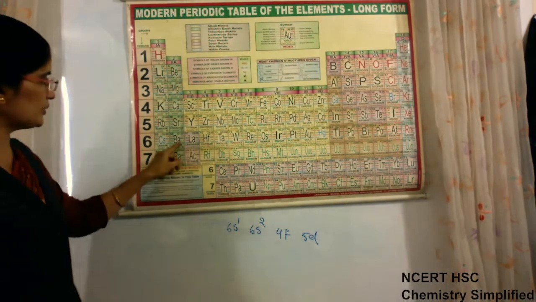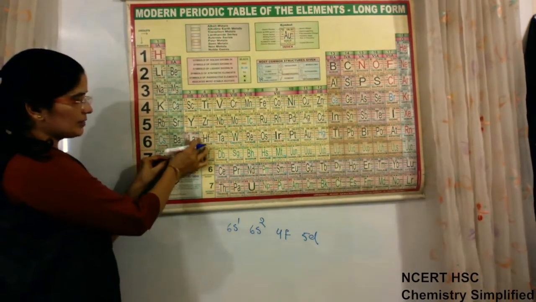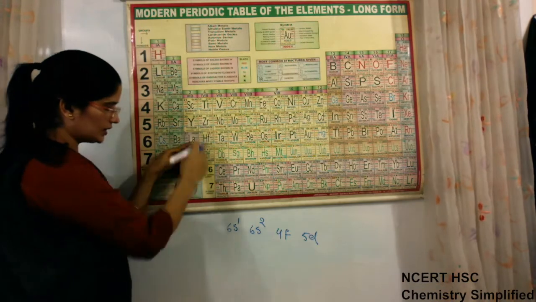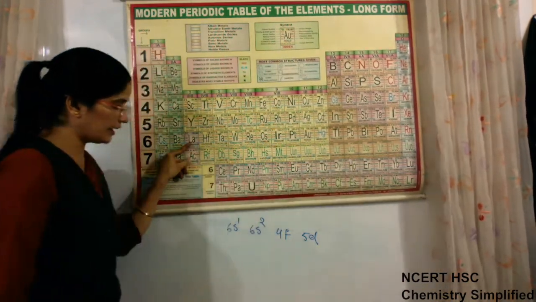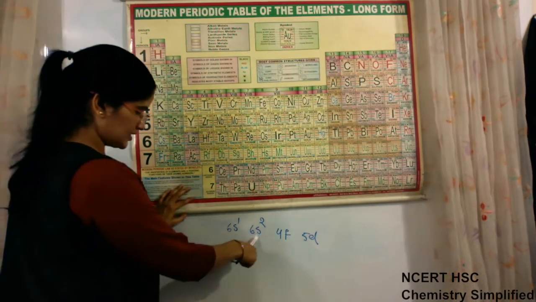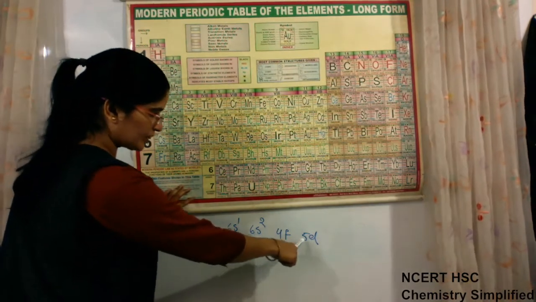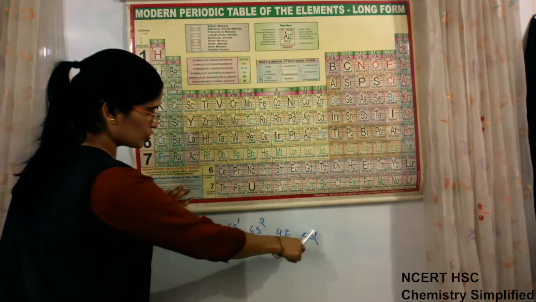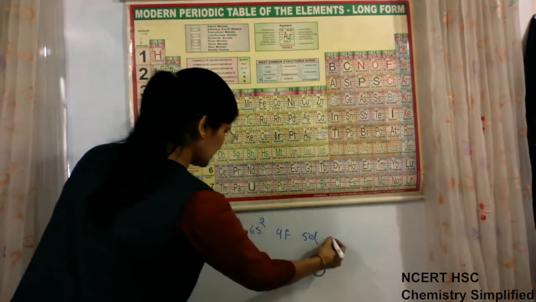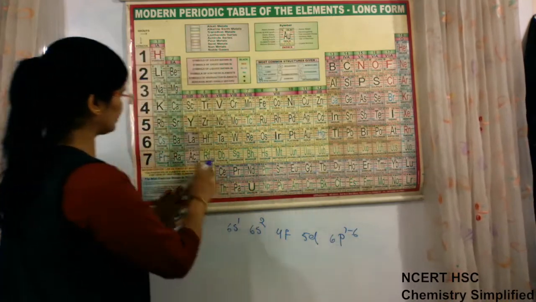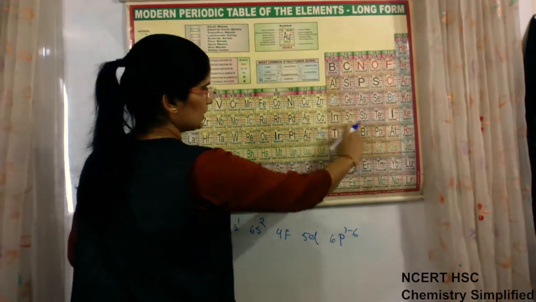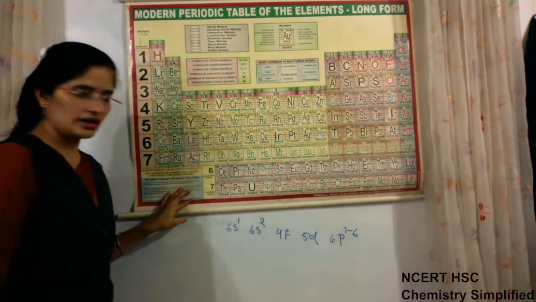So this is continuation. The first element which is coming here is coming in the d, and then the rest of the electrons are entering in f. So 6s1, 6s2, 4f will be filled, 5d will be filled, and when these two are completed, then 6p, 1 to 6 will be filled.